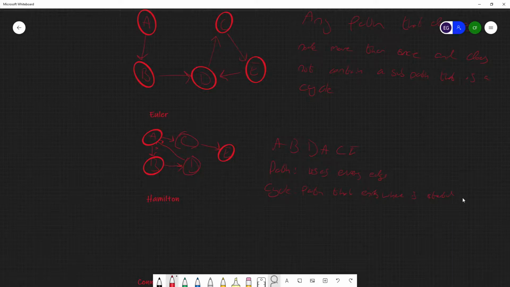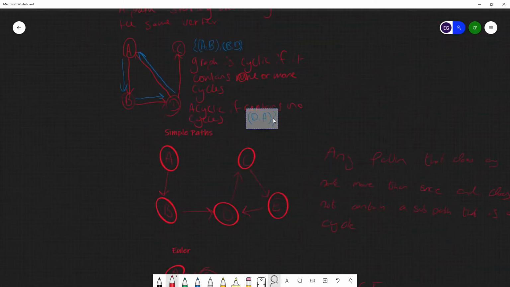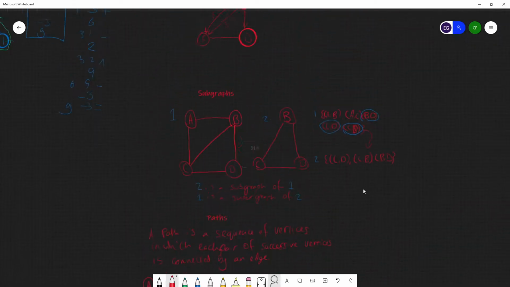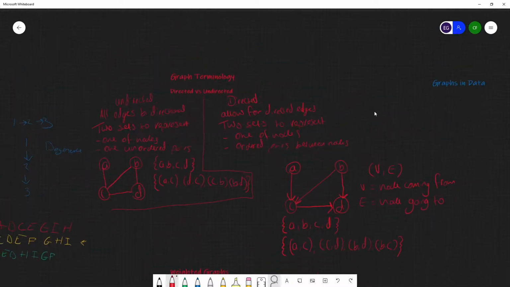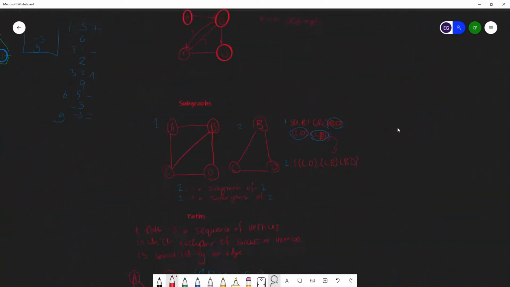Another type of path is called a Hamilton path. So a Hamilton circle. A circuit. Oh, I don't think we mentioned this. Let me just double check. I can't find it.